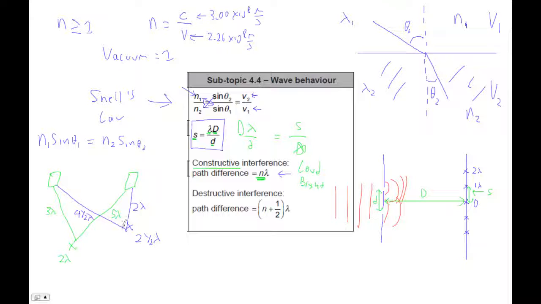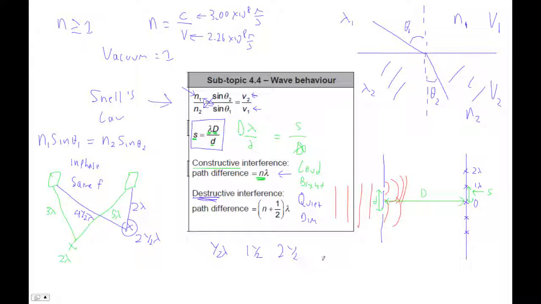So we would expect this spot, if these are speakers, right, and they are in phase, that is, they go in and out in unison, and they are monochromatic or the same frequency, right. This is true, right. So this would be a case if the difference in distance, 4.5 minus 2 wavelengths, is 2.5 wavelengths. If it's something like that, if it's a half a wavelength, 1.5 wavelengths, 2.5 wavelengths, right? These are destructive, right? So this would be quiet, or it would be dim.